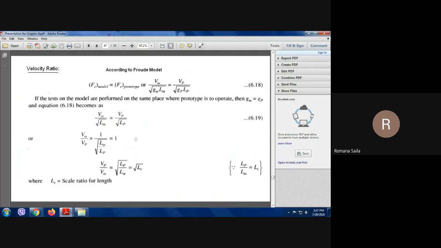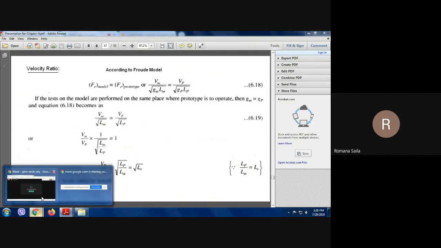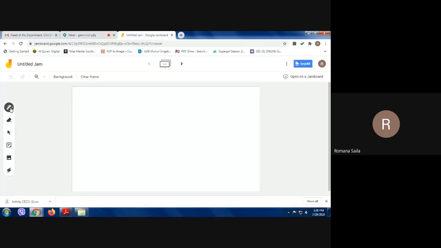So we know that for a ratio, it will always be the parameter of the prototype by the parameter of the model. The parameter of the model is here and the parameter of the prototype is on the top. So now you can rearrange these things: Vm by Vp into root over Lm by root over Lp. I'm using a Jamboard for showing more clearly.